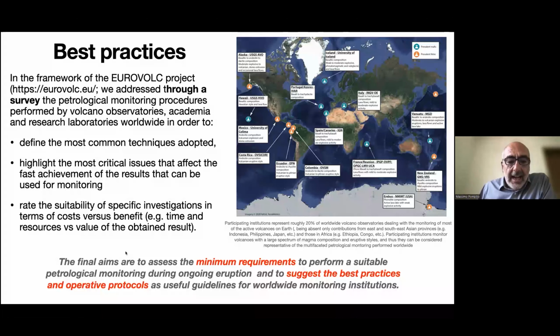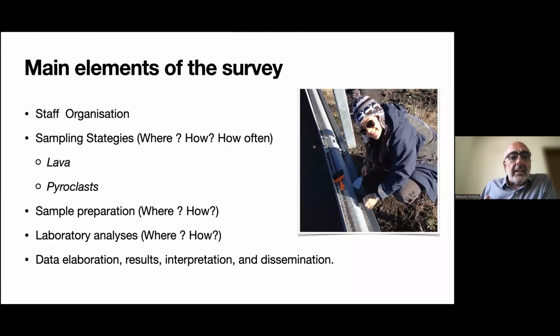The final aims are also to assess the minimum requirements to perform good petrological monitoring during an ongoing eruption, and to suggest best practice and an operative protocol as a useful guideline for all monitoring institutions worldwide. The main elements of the survey are staff organization, sampling strategies (where, how often, for lava and pyroclasts), sample preparation, laboratory analysis, data elaboration, results, interpretation, and dissemination.